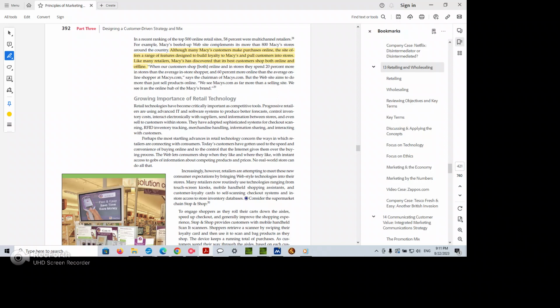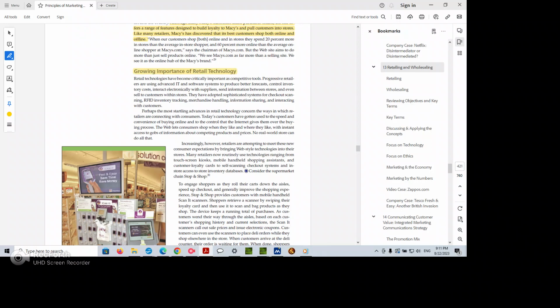When customers shop both online and in store, they spend 20% more than the average in-store shopper, and 60% more than the average online shopper at Macy's.com, says the chairman of Macy's.com. But the website aims to do more than just sell products online. Quote, we see Macy's.com as far more than a selling site. We see it as an online hub for Macy's. So it fills a couple of roles. It fills the role of selling. At the same time, it fills the role of brand building, or being able to advertise.